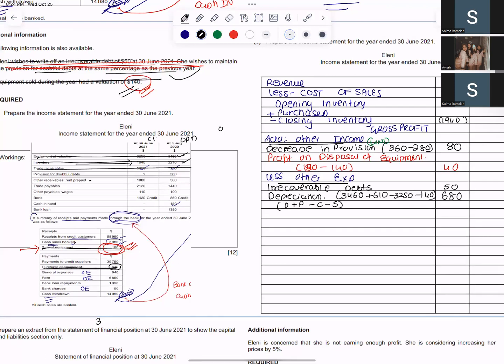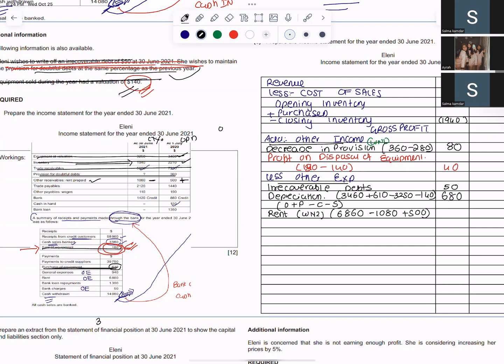Now rent is prepaid. Prepaid of the current year is minus and of the next year is added. So I will do rent, and I can put it in another working note, but I'm showing the working over here. How much is rent? 6860 minus 1080 plus 500.